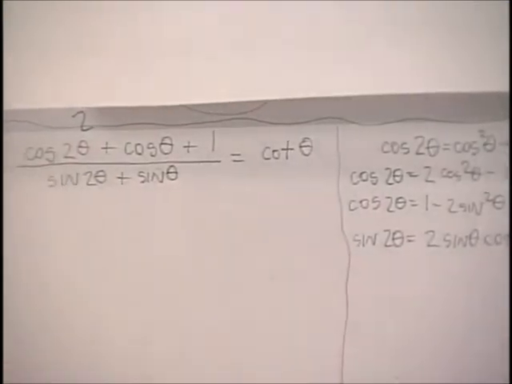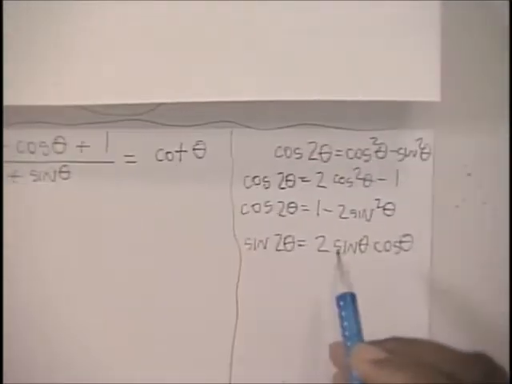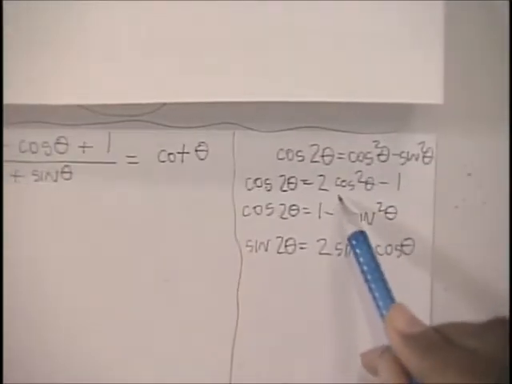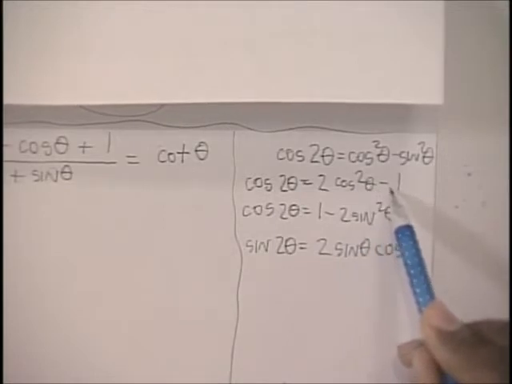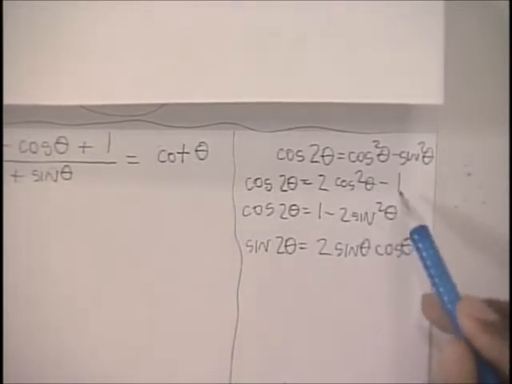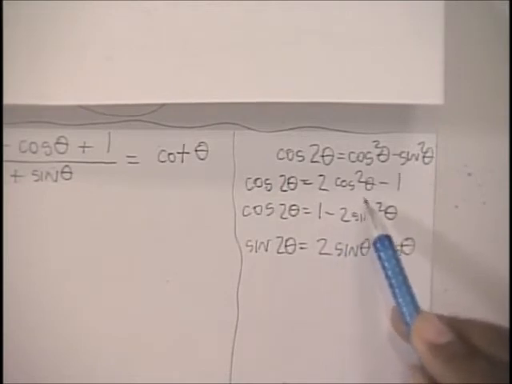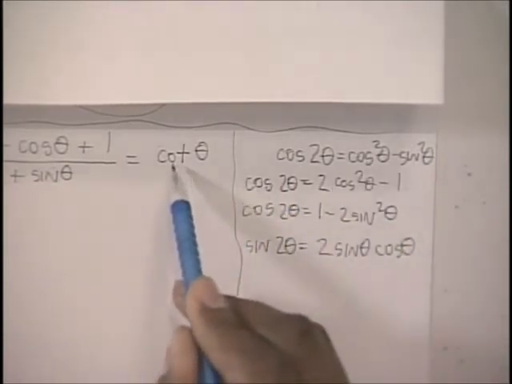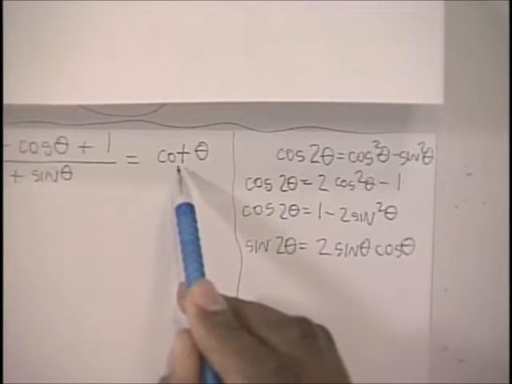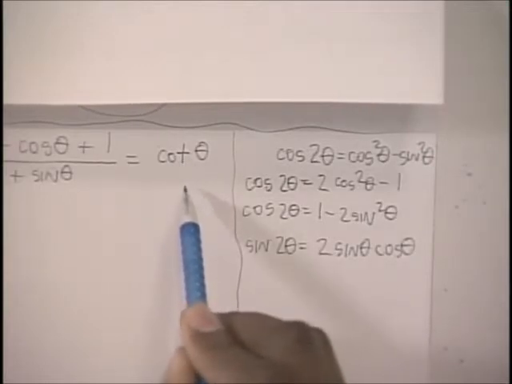All right, so the cosine of 2 theta is equal to, let's use this 2 cosine squared theta minus 1. Now some people might ask, why am I going to use this top one? My feeling is that I'm going to use this top one because I know that the cotangent of theta is equal to the cosine of theta over the sine of theta.